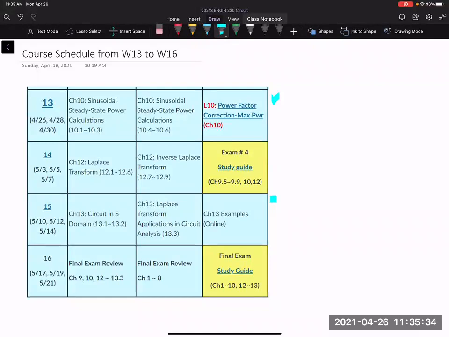You can prepare a one-page double-sided formula sheet yourself. No worked-out problems, but besides that, whatever you think you need, you can put in that formula sheet.